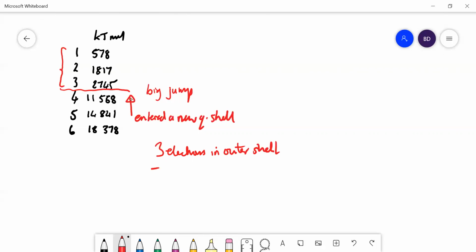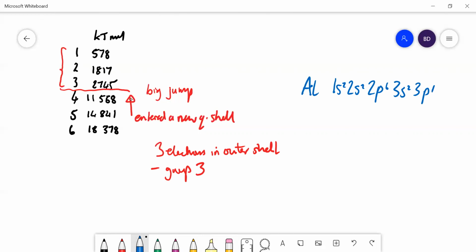It must be in group 3. I'm copying that out of a data book, and I can tell you that this element is actually aluminium. Aluminium's electronic structure is 1s2, 2s2, 2p6, 3s2, 3p1.